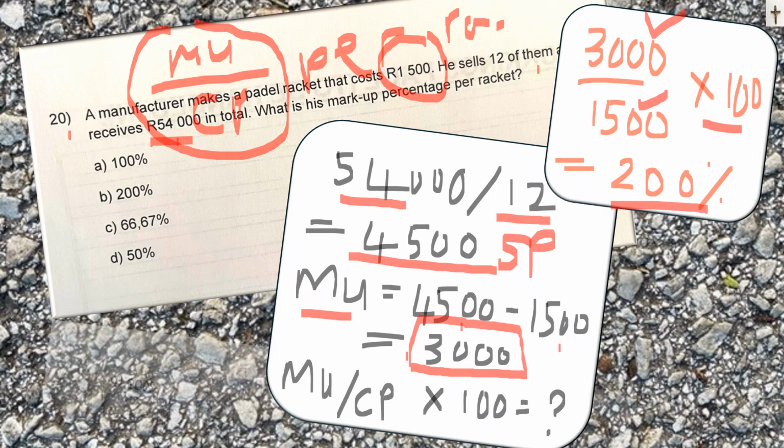So the markup percentage is markup divided by cost price, 3,000 divided by 1,500, multiplied by 100. And the answer is B, 200%. So the markup on the cost price is 200%.